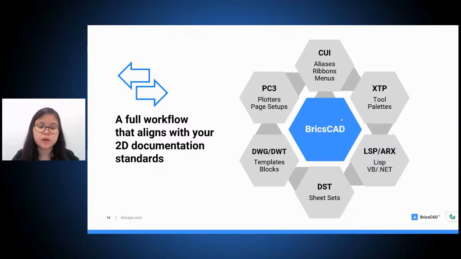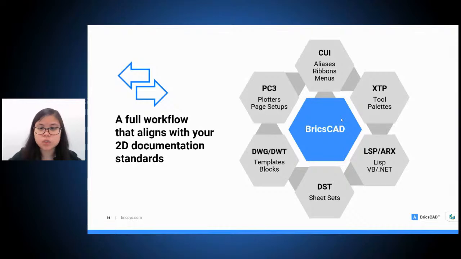It's not easy to build this in an instant. It takes a lot of time for companies to come up with the best templates and CUIs, which you don't want to waste. So when moving over to BricsCAD, that is something you can bring over as well. You don't have to worry about wasting all the effort you've done before.